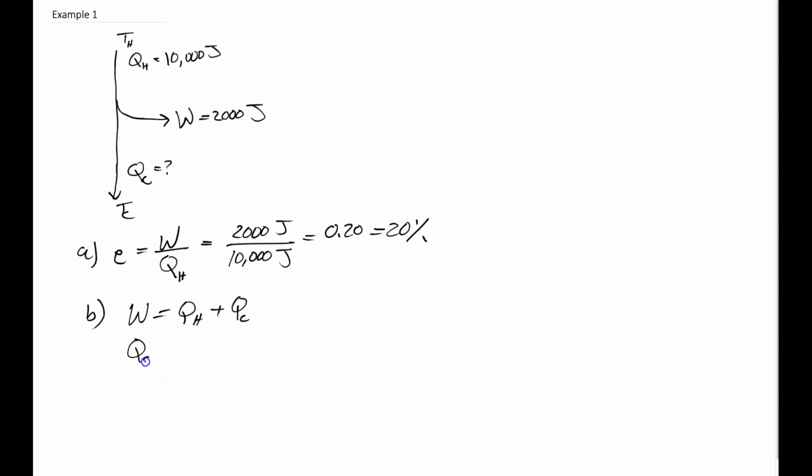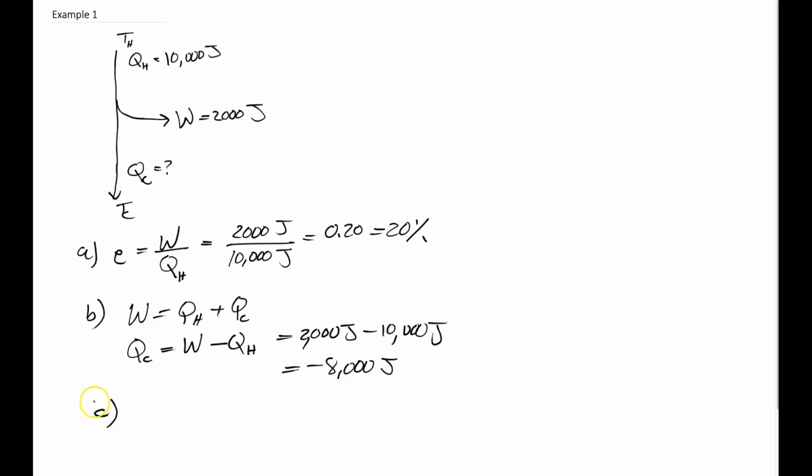So the heat from the cold reservoir is going to be the work minus the high reservoir heat. So this is 2,000 joules minus 10,000 joules, or negative 8,000 joules. The negative just shows that it's leaving the system or the engine.